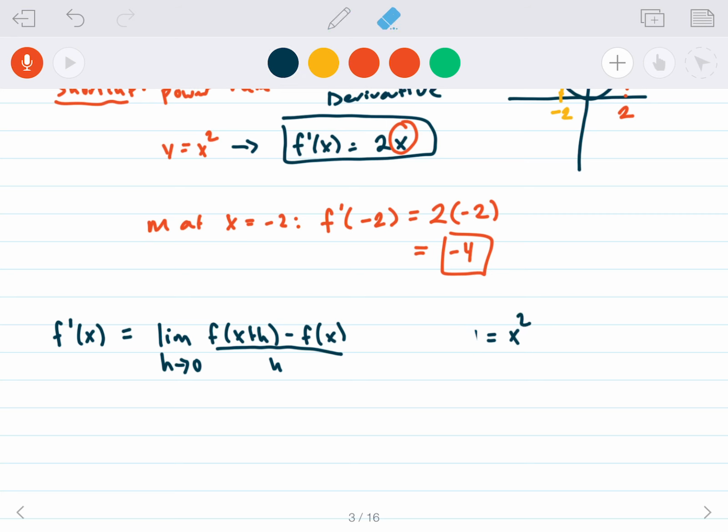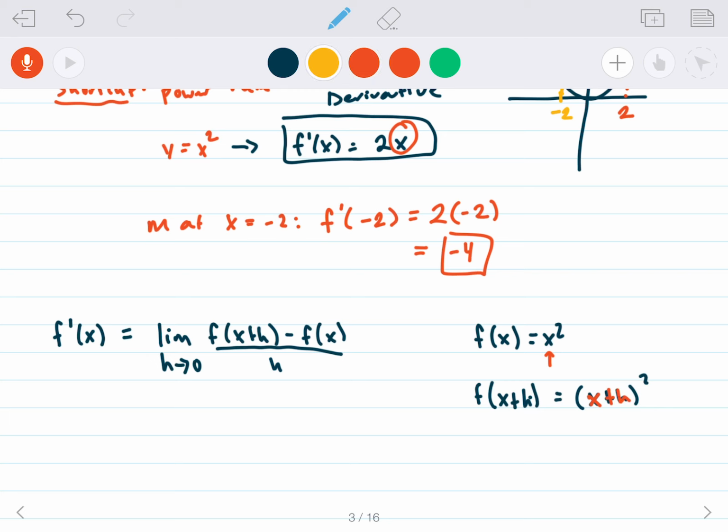All right, so maybe I should actually label this f of x equals x squared. So this first piece, f of x plus h, I'm simply plugging in x plus h into my function. So f of x plus h is going to be x plus h squared, right? I'm just plugging in x plus h as my input this time into the function x squared.